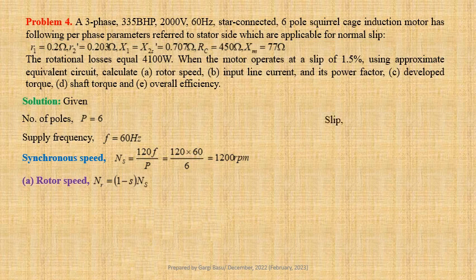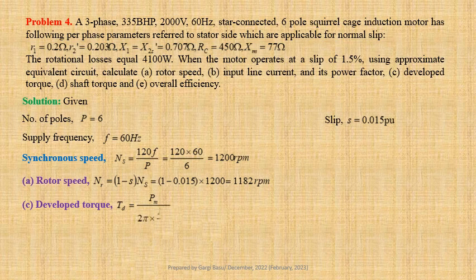Given slip S equals 0.015 per unit. Therefore, Nr equals (1 minus 0.015) into 1200, that is equal to 1182 revolutions per minute.